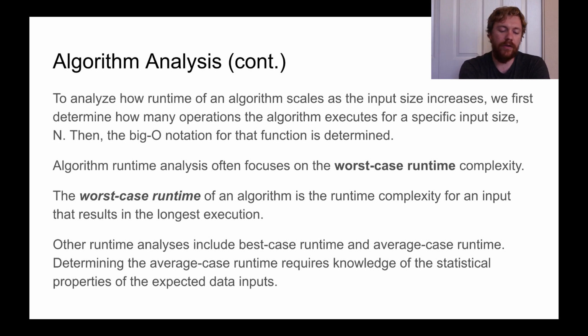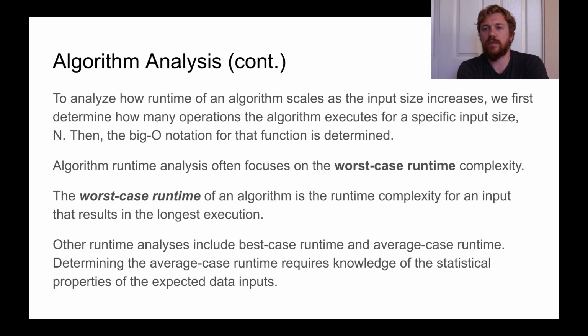Other runtime analyses include best case runtime and average case runtime. Determining the average case runtime requires knowledge of the statistical properties of the expected data inputs. In other words, usually calculating average case runtime requires some beforehand knowledge, which is unrealistic. And best case runtime is generally not very useful.